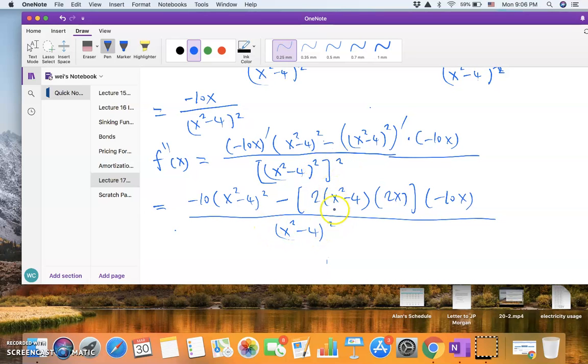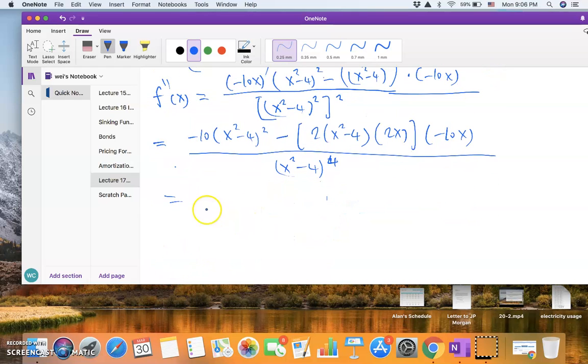Now 2 raised to 2, that's 4. Okay, so we have negative 10 times x squared minus 4 squared. And here we have 2 times 2, so it's 4x. And times negative 10x, so 4x times negative 10x, that's negative 40x squared.